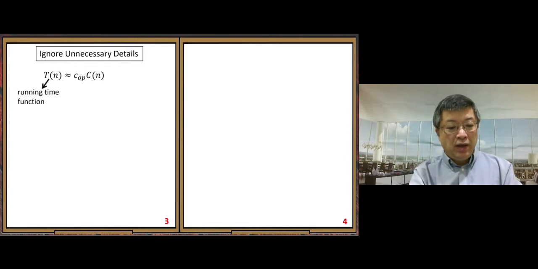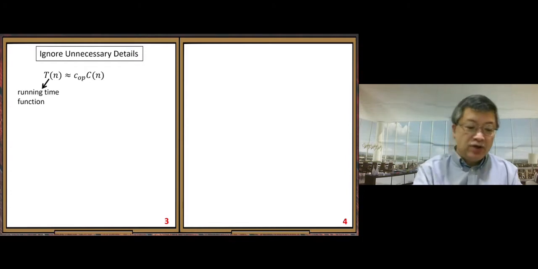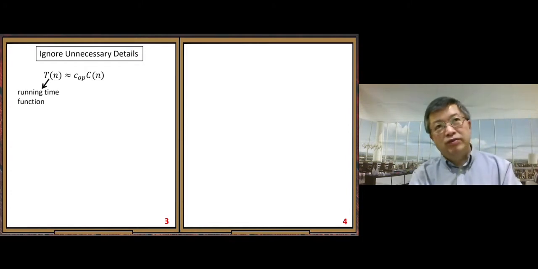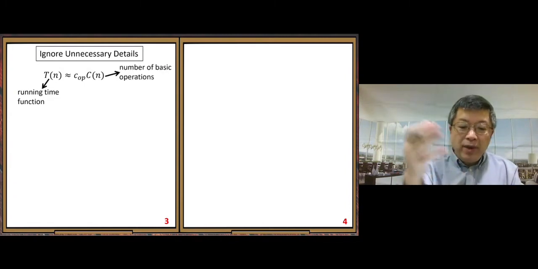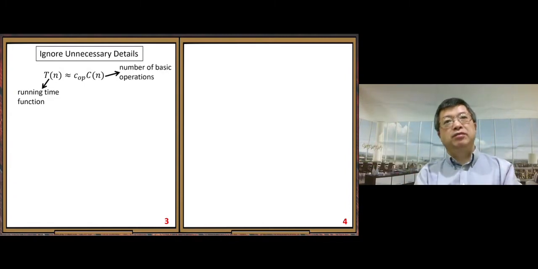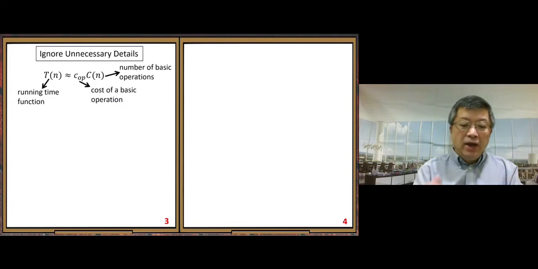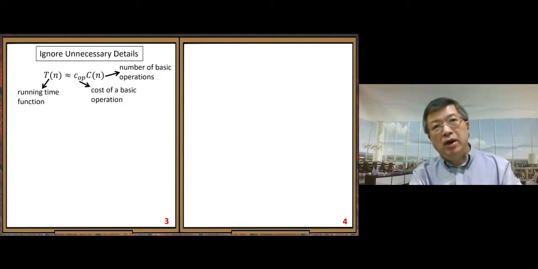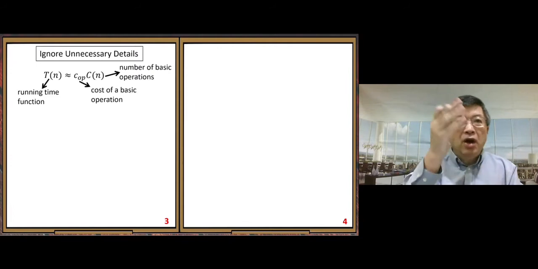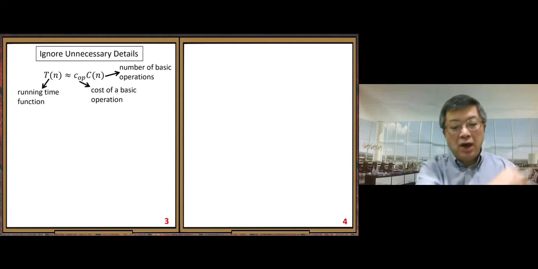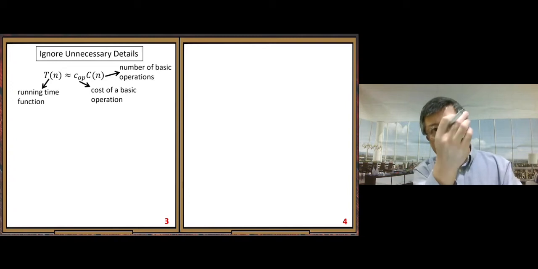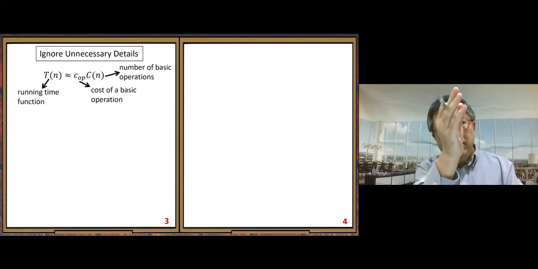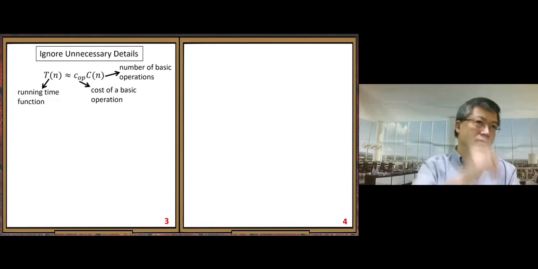All right. So for this running time function, we want to describe it using the number of basic operations. And this c_op, little c_op, is the cost of a basic operation. The specific running time used for one basic operation, we call it cost.